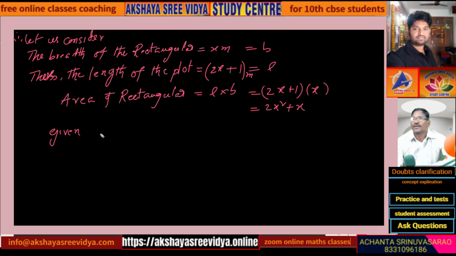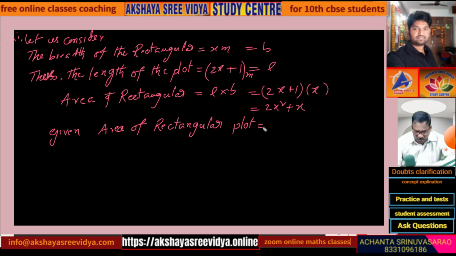Given that the area of the rectangular plot is 528 meters square. This is the equation 1.